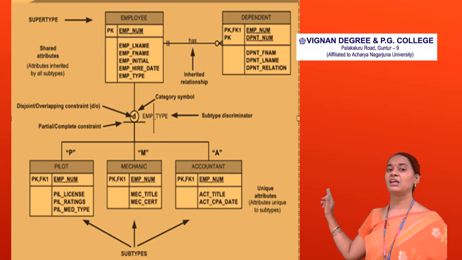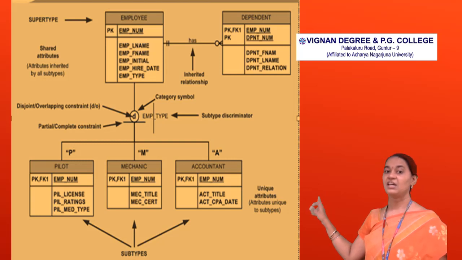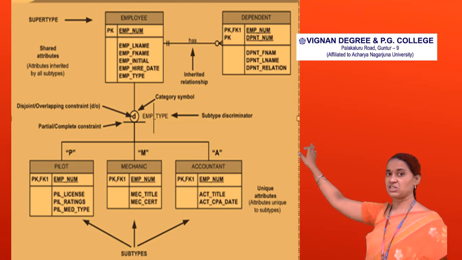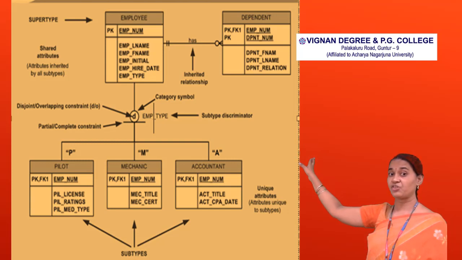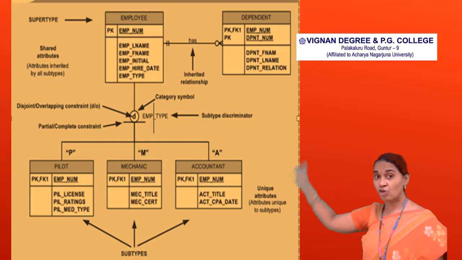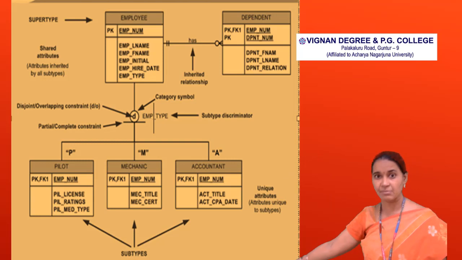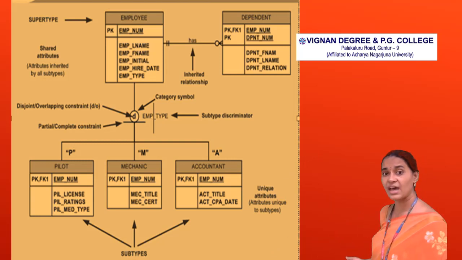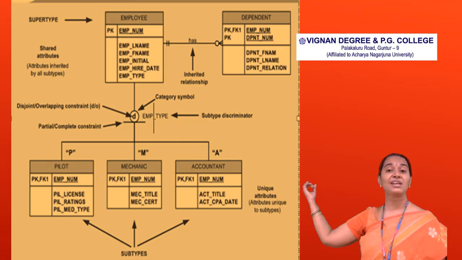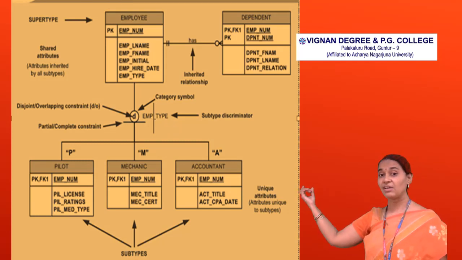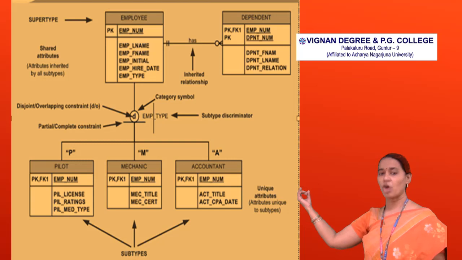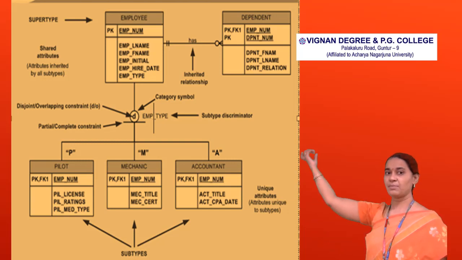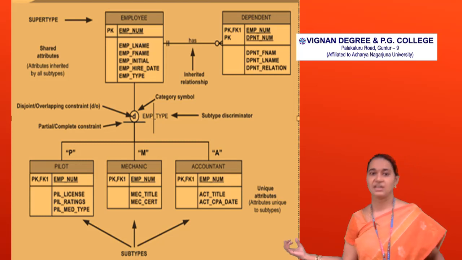So this discriminator differentiates the employee's information, whether I want to get the information of the pilots, of the mechanics, or of the accountants. It helps us decide in which subtype we are going to inherit the information from the parent class.